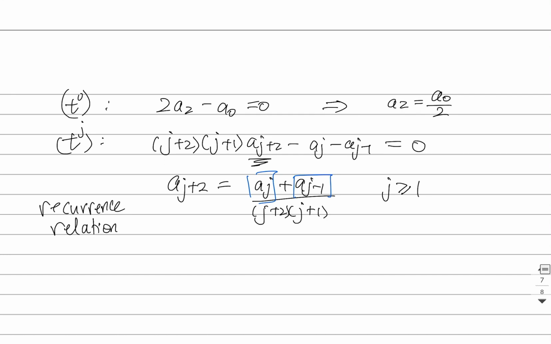And what you'll notice is if j starts at 1, so for example, if j is 1, you'll have a3 related to a1 plus a0 over 3 times 2. We don't know what a0 is, and we don't know what a1 is.